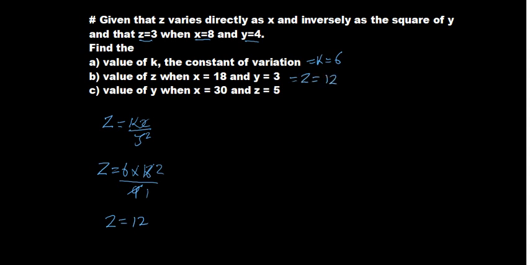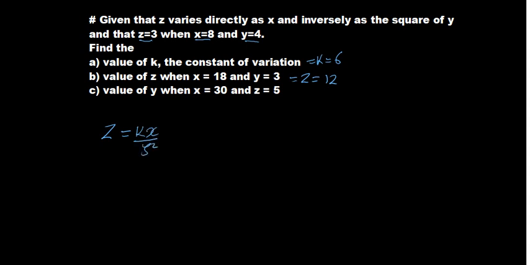Going to the last part, we need to find the value of y when x and z have been given, and x is 30, z is 5. We still have z equal to k multiplied by x divided by y squared. Here we are finding y, so we need to make y the subject of the formula.